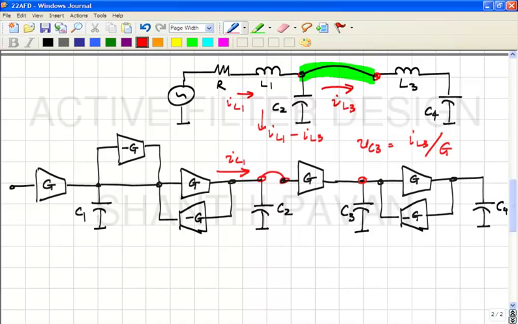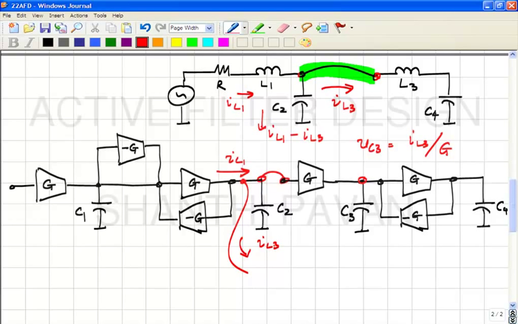We need to subtract IL3 from IL1. In other words, we need to draw out a current which is, how much current should we draw out? IL3.